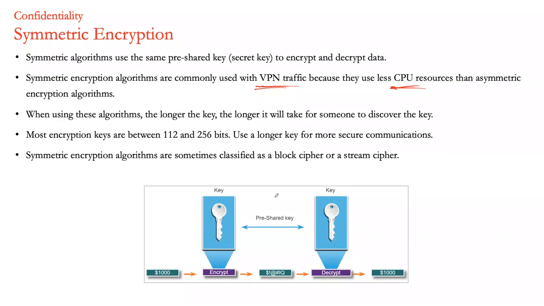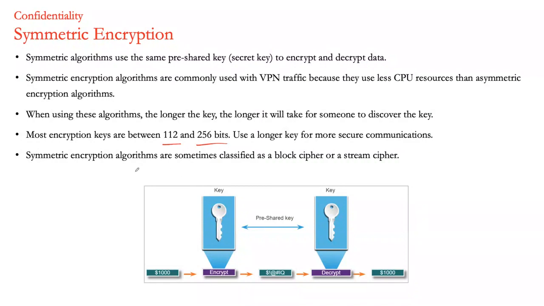In symmetric key encryption, the key size should be smaller so that the computational time required is smaller and communication can speed up. Generally the key size for symmetric keys lies between 112 and 256 bits.